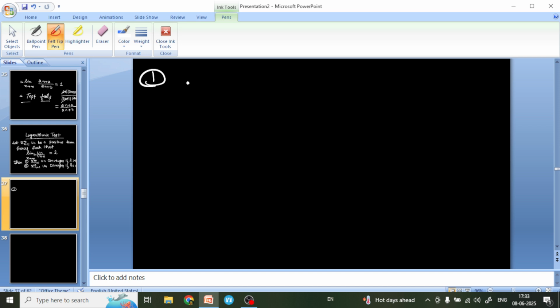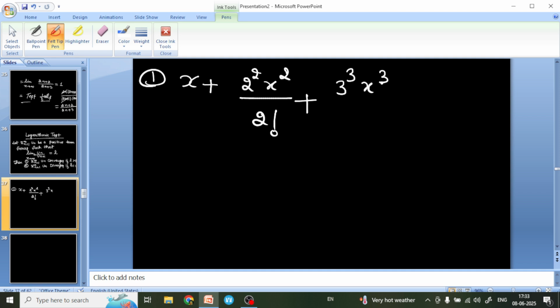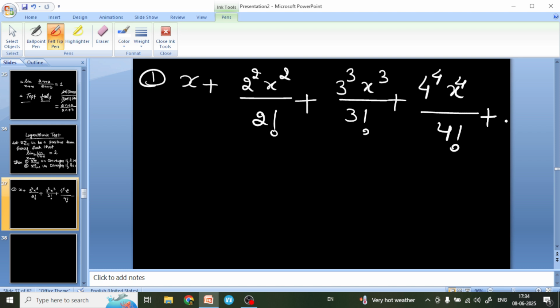Now take one more example related to the logarithmic test. For example, (x plus 2) raised to power 2 x raised to power 2 over 2 factorial plus 3 raised to power 3 x raised to power 3 over 3 factorial plus 4 raised to power 4 x raised to power 4 over 4 factorial plus, here we will take un.